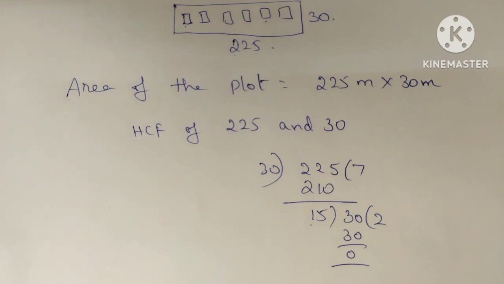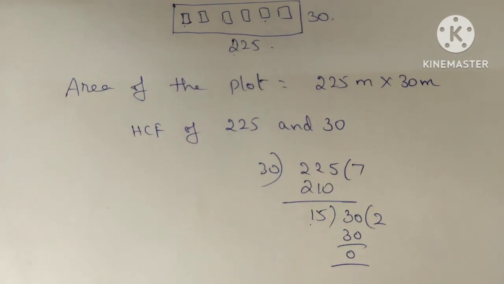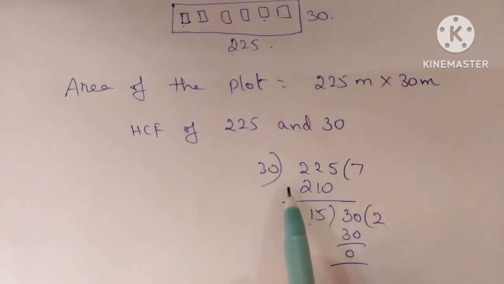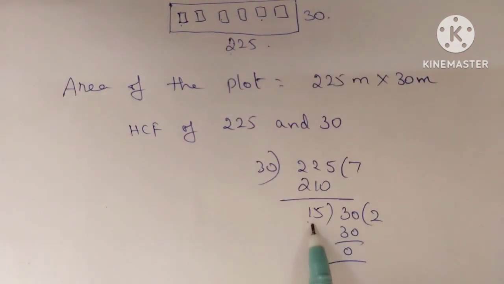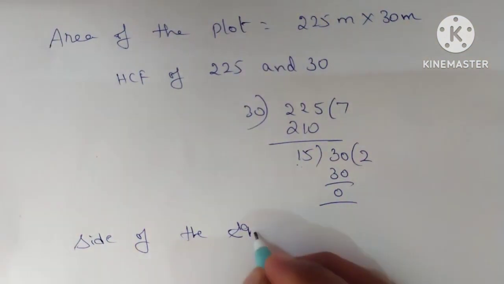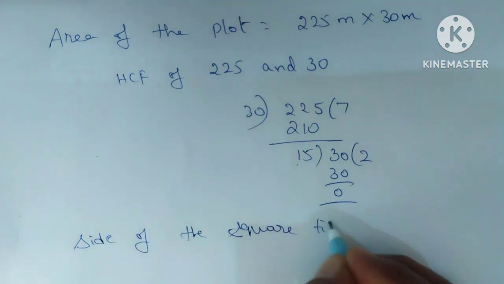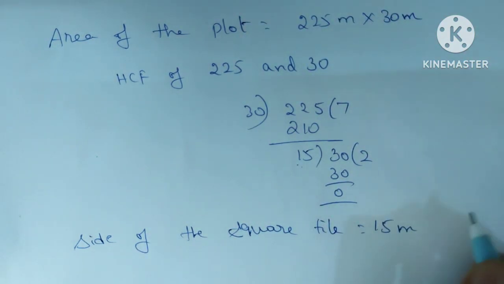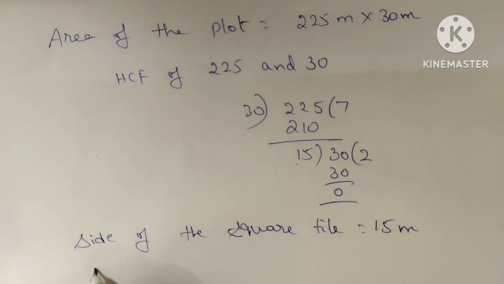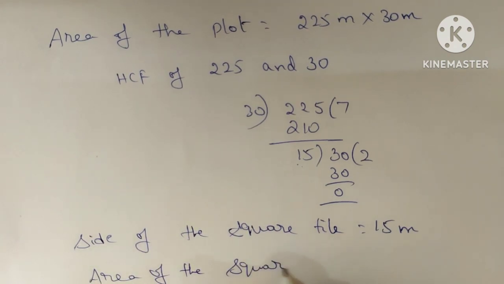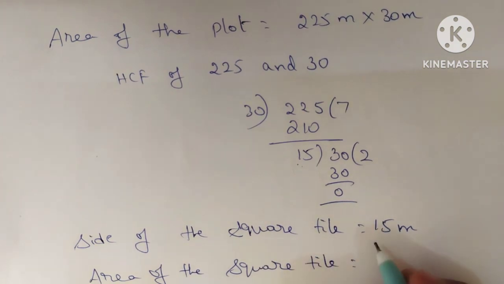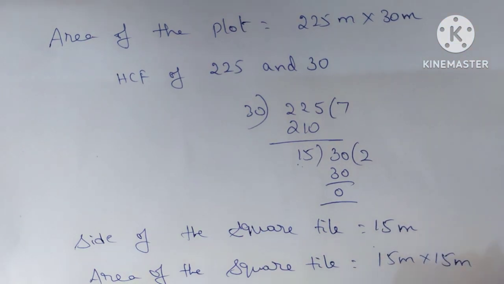So side of the square tile is 15 meters. Now area of the square tile is side into side, so 15 meters into 15 meters.